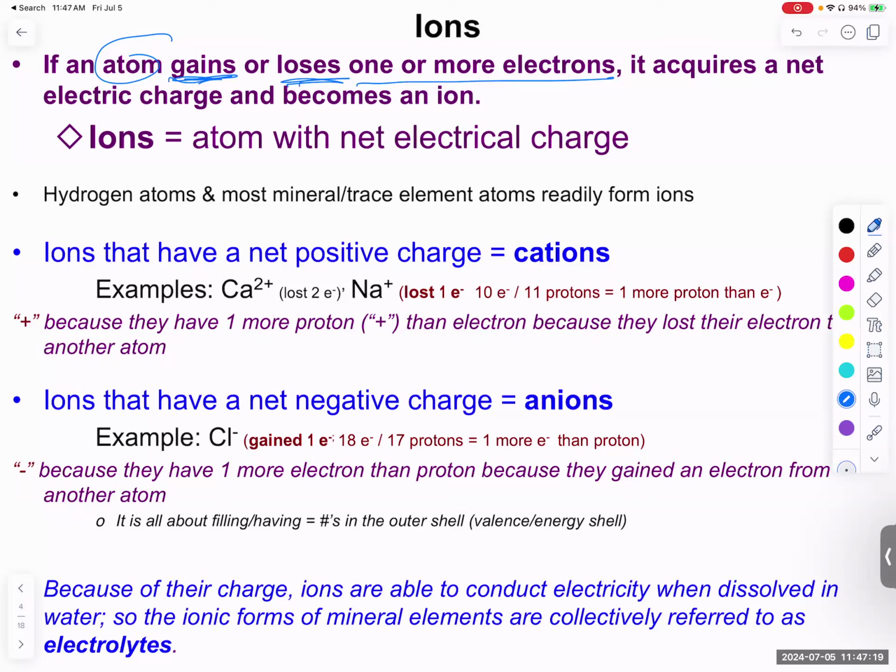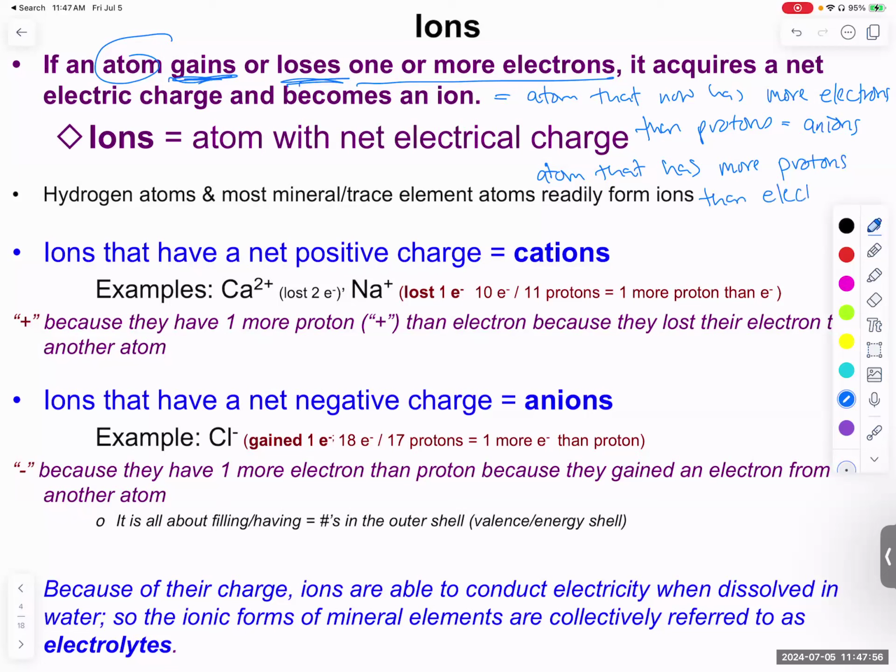So it's no longer neutral, right? It's going to have more protons or more electrons, right? So an atom that has more protons than electrons, that's going to equal a cation.